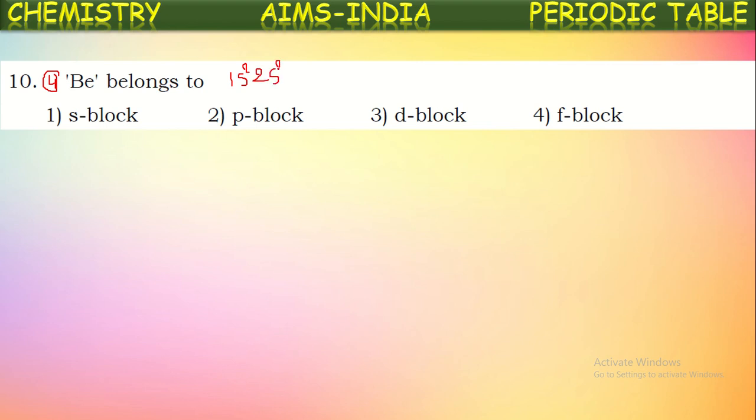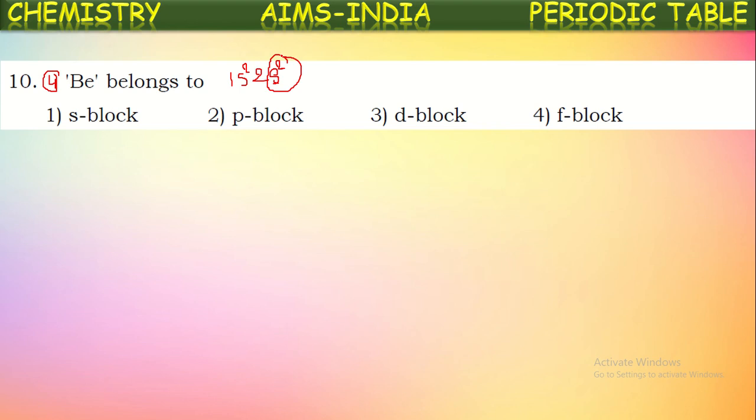Now after writing the electron configuration, if we observe the last electron, which we call the differentiating electron for that element, that is the outermost electron, the subshell in which the differentiating electron is present gives its block. For this beryllium, the last electron is present in the s subshell.